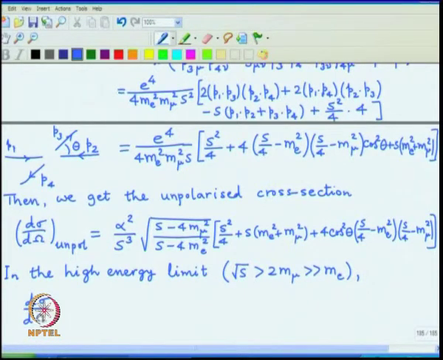So, in that particular case, the cross section is approximately alpha square by s cube. We will drop the electron mass altogether, but keep the muon mass around.